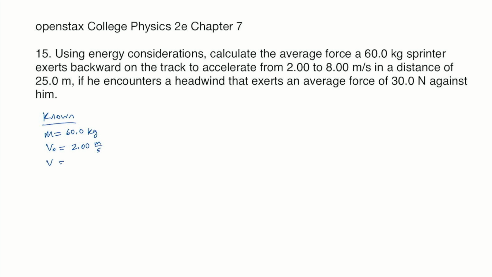We know the final velocity is 8.00 meters per second. The distance is 25.0 meters. And then we have a headwind force, I'll say F sub W, of 30 newtons.